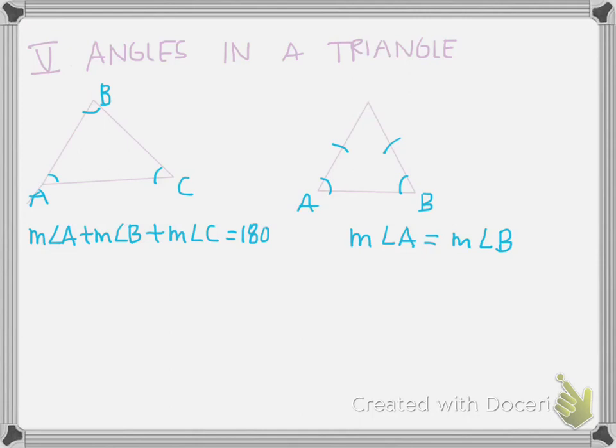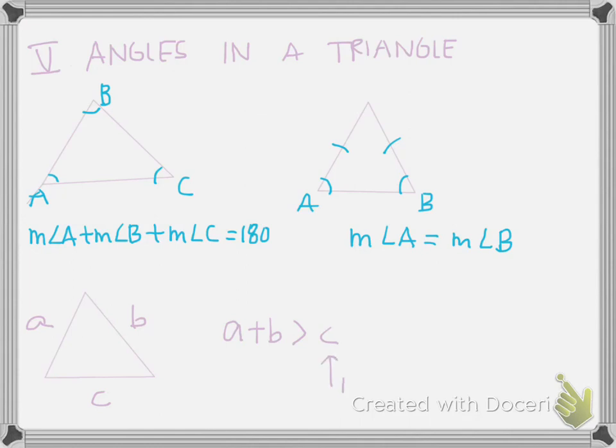Remember that in a triangle, the two shortest sides have to be greater than the largest side. So in a triangle, let's call this A, this B, and this one C. So A plus B has to be greater than the largest side.